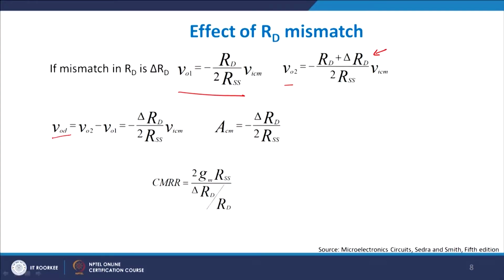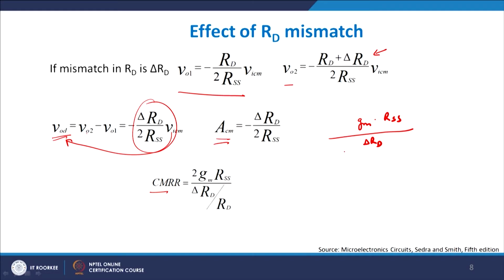So VOD, the output difference, is V01 minus V02, which comes out to be this value. Therefore ACM, putting it into the denominator, is equal to del RD by 2 RSS. So CMRR will be equal to, because if you remember, you had this 2, so you will get GM times RSS divided by del RD by 2 RSS.